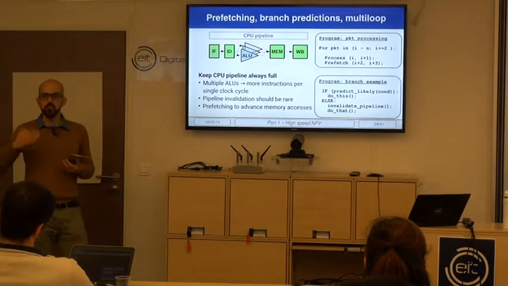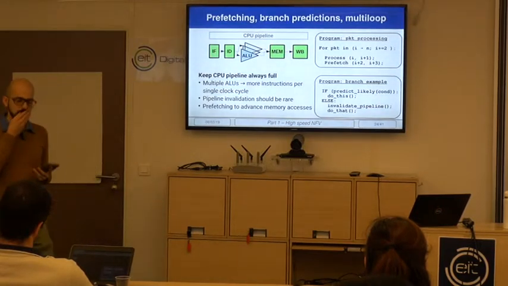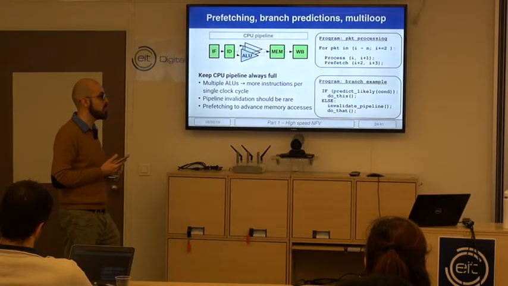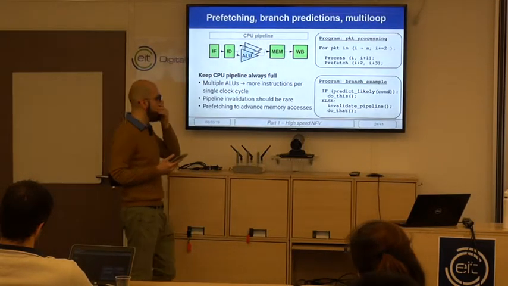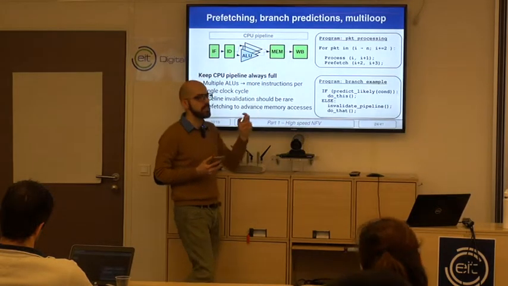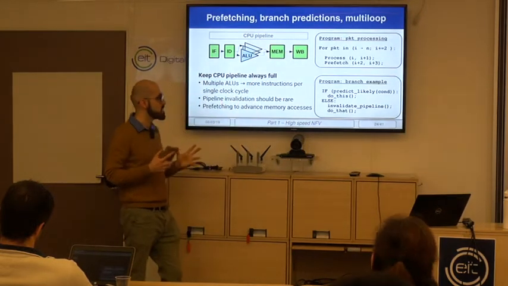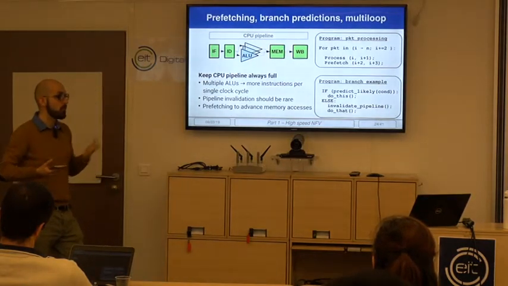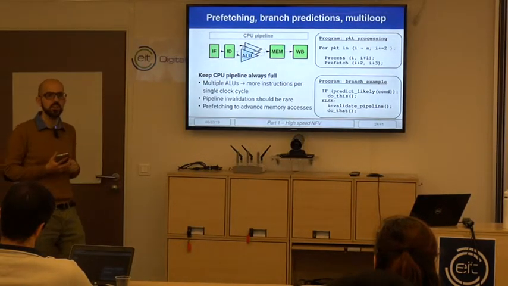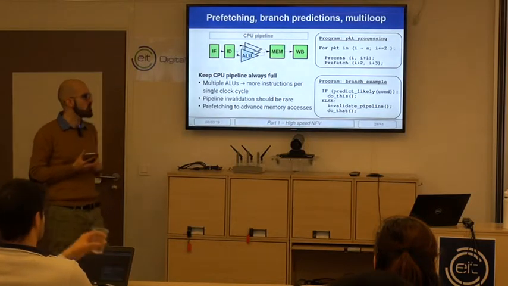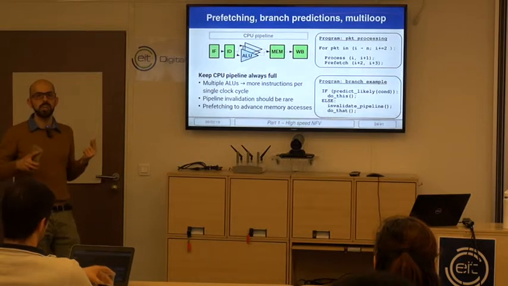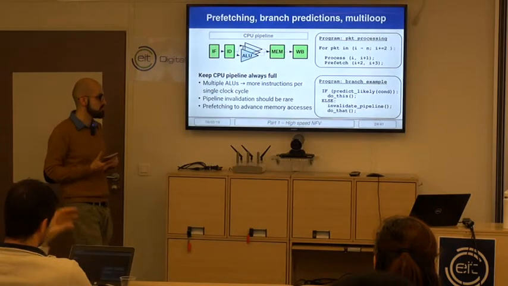So the idea is to give hints to the compiler in order to maximize the utilization of such an architecture. For instance, we can explicitly write our packet processing to deal with packets in groups of 2 or 4, so that we can maximize the so-called instructions per clock cycle, because in one single clock cycle we can issue more than one instruction.